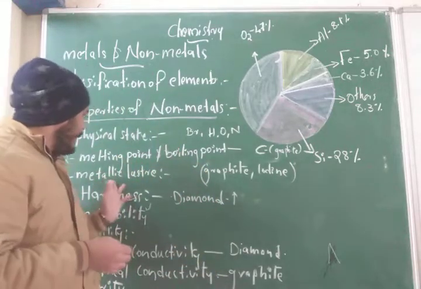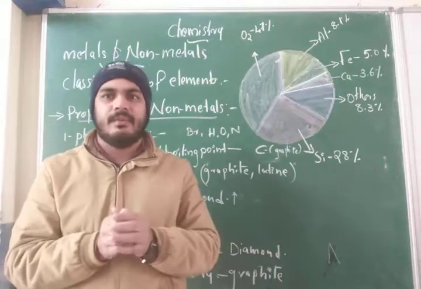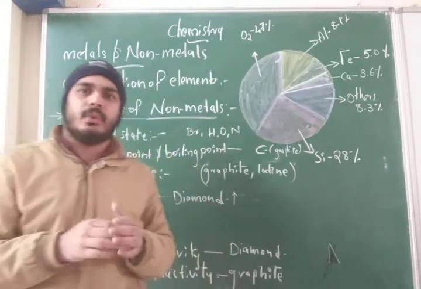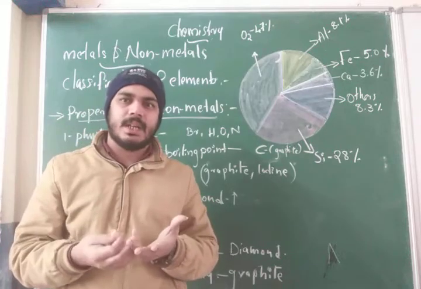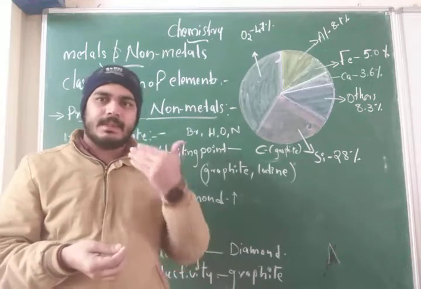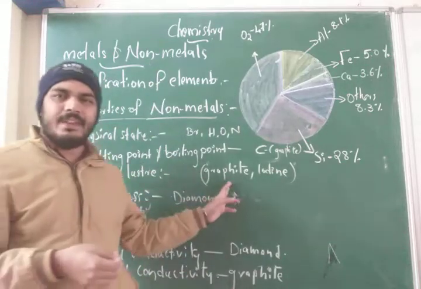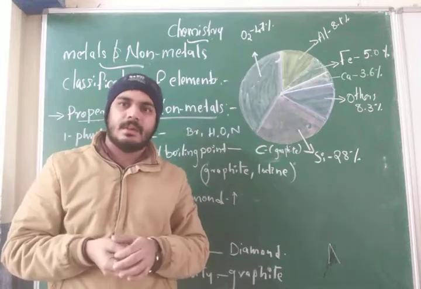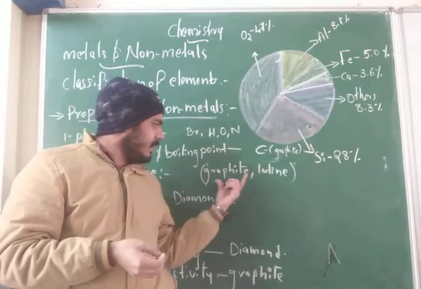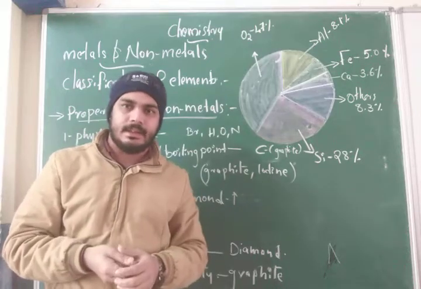And next one, metallic luster. That's the shining of this one. Non-metals are non-shiny materials, and graphite and iodine crystals are shiny. Okay. So the only exceptional cases, graphite and iodine, are shiny in the case of non-metals.